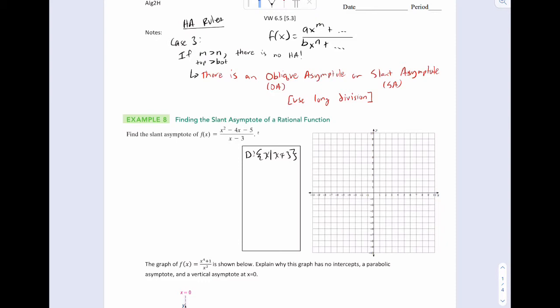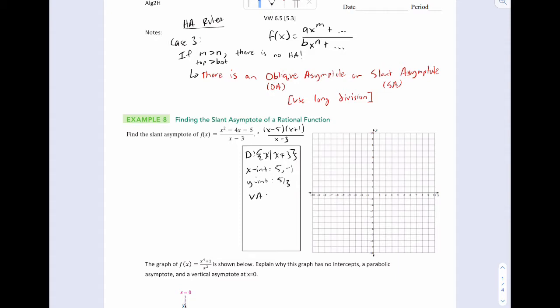We can factor this. That's x minus 5, x plus 1 over x minus 3. That'd make your x-intercepts 5 or negative 1. We have a y-intercept of 5 over 3.